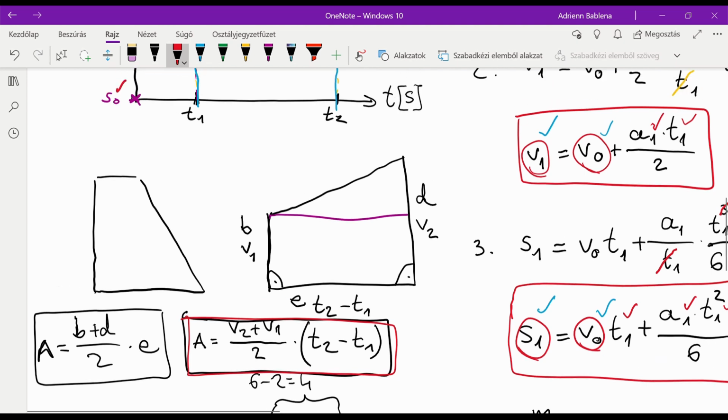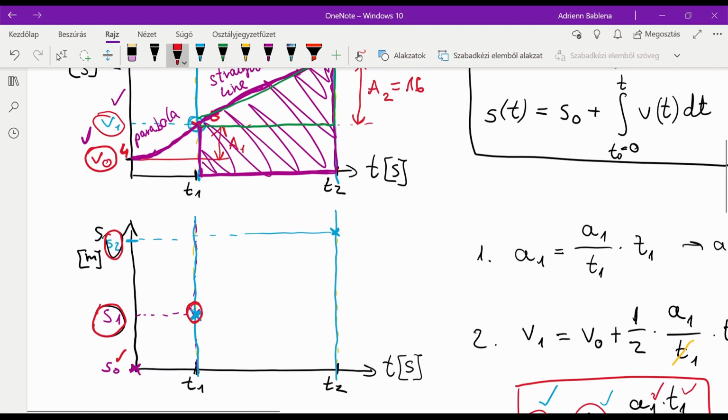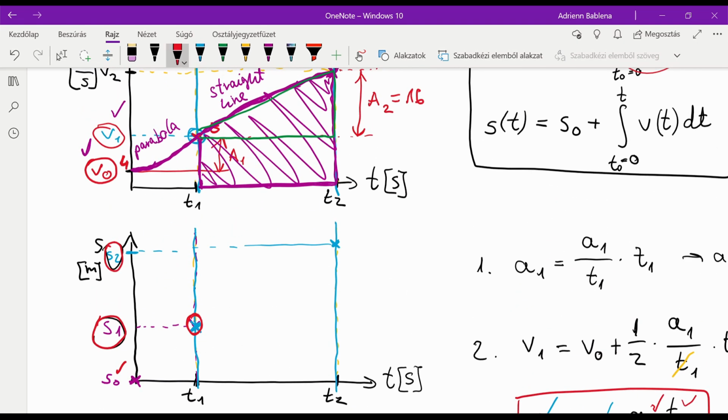The area of this trapezoid is the distance between S2 and S1.